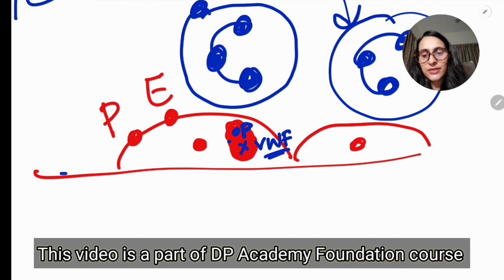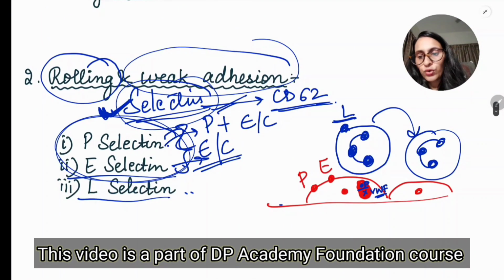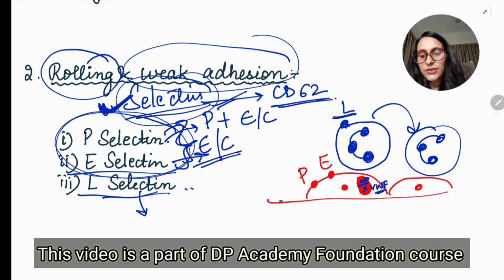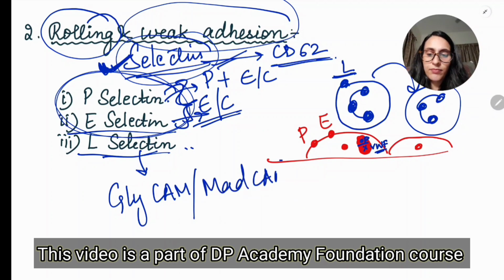So P-selectin redistribution occurs due to histamine and thrombin. P-selectin and E-selectin both bind to Sialyl Lewis X, and L-selectin binds to GlyCAM, MAdCAM, and CD34.